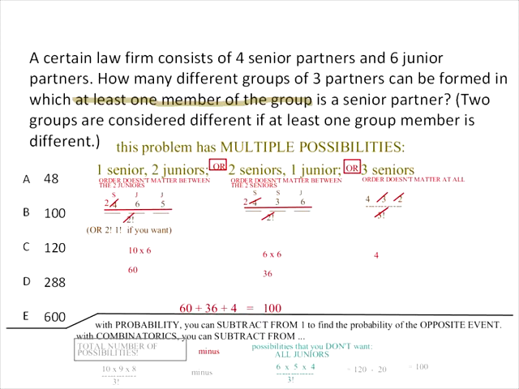Madhu asks, why can't we just do 4, 9, 8 here? In other words, just senior, anybody, and anybody. Because the denominators are going to give you a problem here. This is a situation in which you wouldn't know what goes down here. Because if you say 4 9 8, then you don't know what you're dividing by.